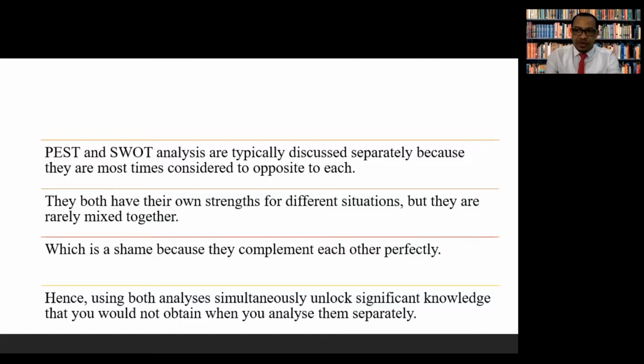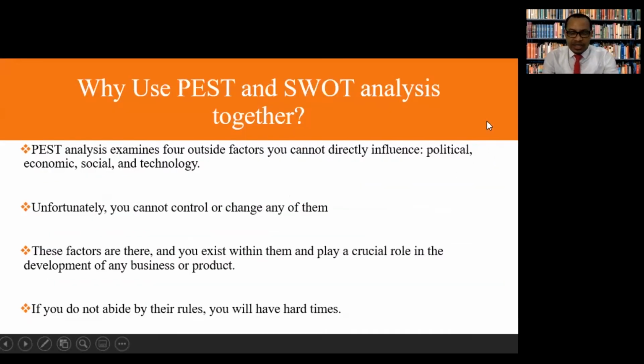By using the two of them effectively in our analysis, we'll be able to unlock significant knowledge that wouldn't have been possible to obtain if we were doing the two analyses separately. So why should we use PEST and SWOT analysis together?